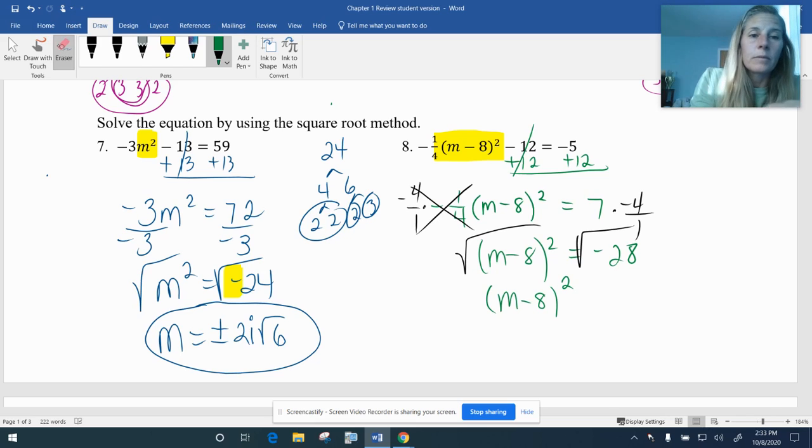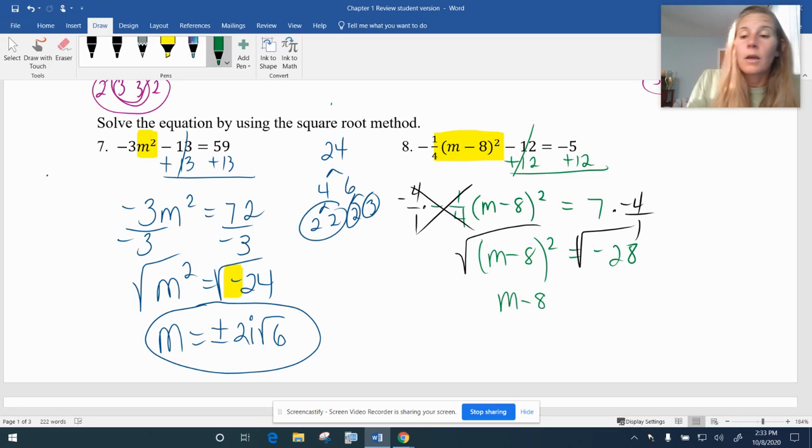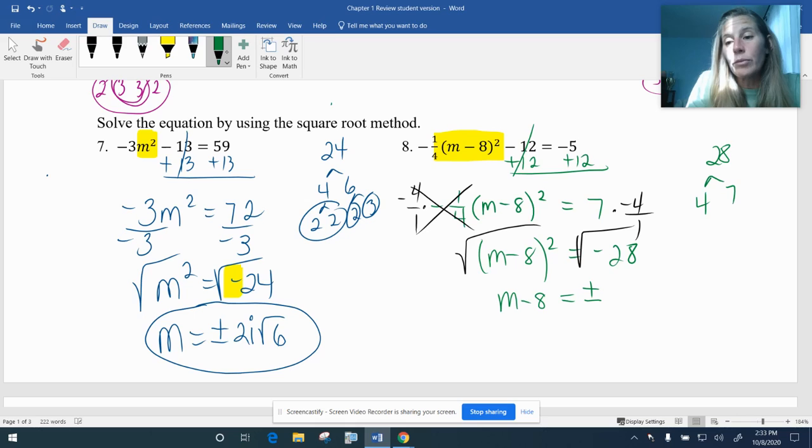Oops, sorry. Obviously, if we square root it, that is no longer there, just m minus 8. And on the other side, I have positive or negative. I'm going to break down that 28 to simplify it. So that would be 2 radical 7. And of course, that negative means I take out an i as well.